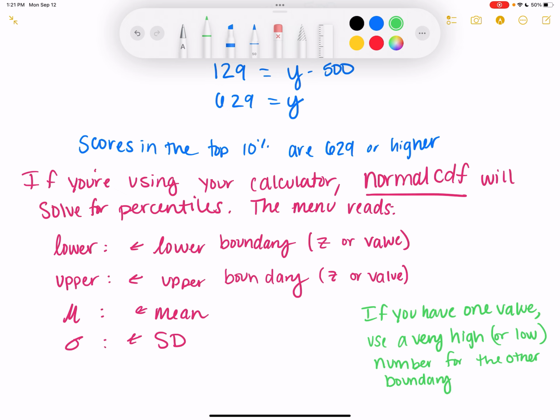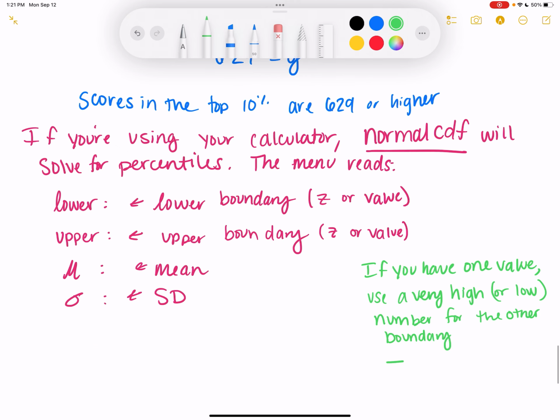So commonly what you're going to see on there is you'll probably actually see 1E99, so 1 times 10 to the 99, or negative 1 times 10 to the 99 is something else that you might see as like your lower, and then your upper would be like, if you're only given 1, those would be the 2 values that you would be using around that. But that's going to give you the percentile, okay, that we were looking for in the first example.